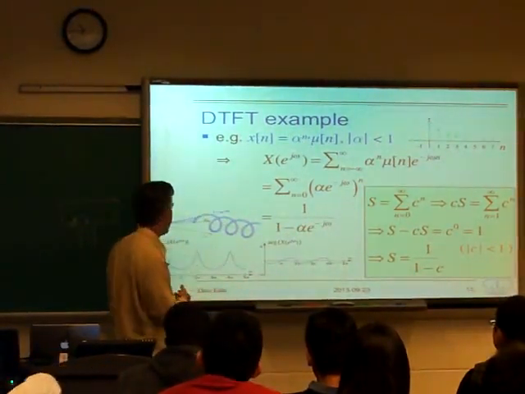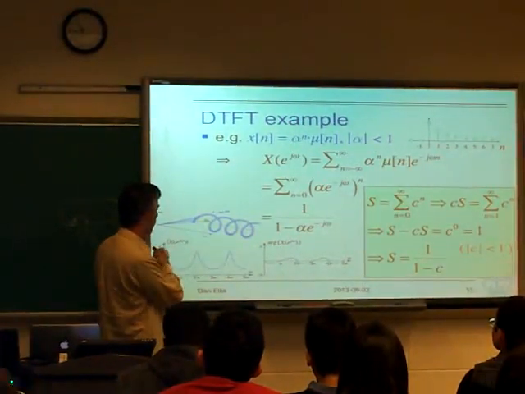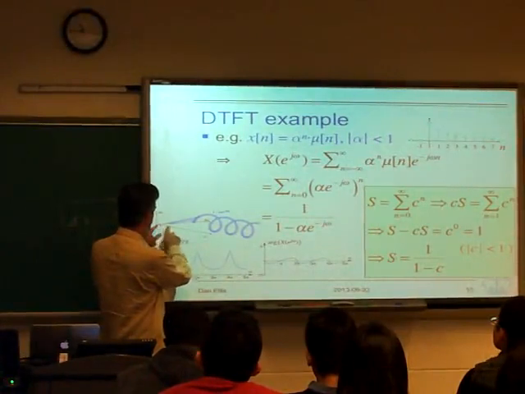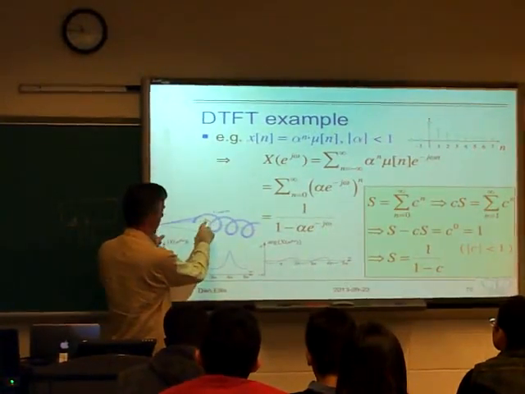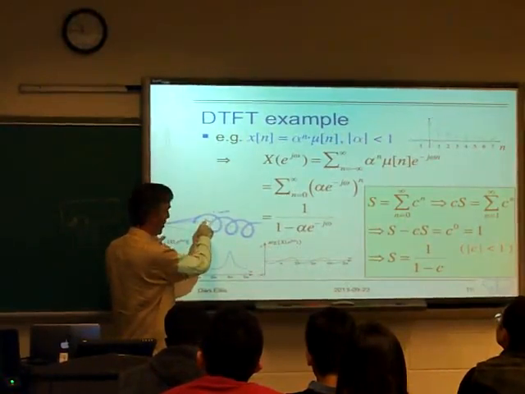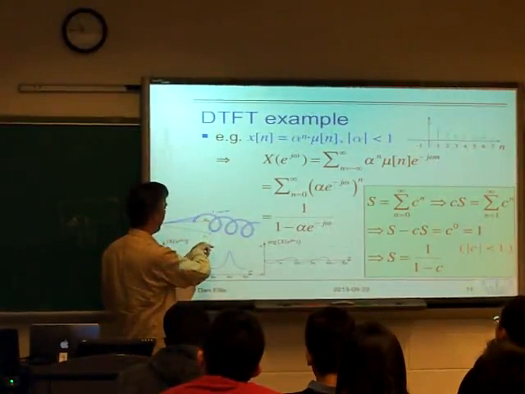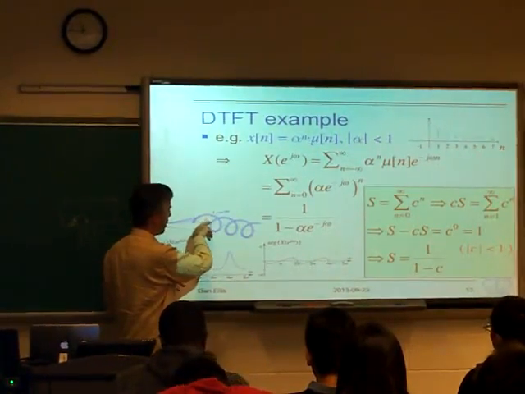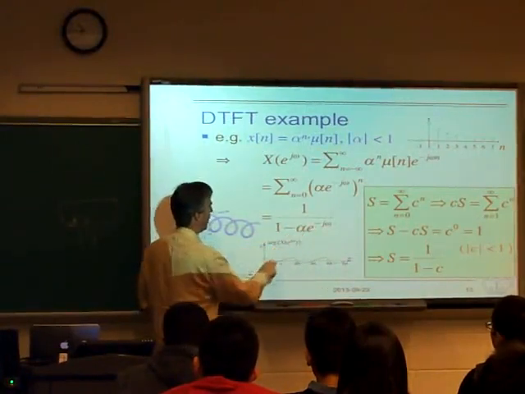So what's actually going on here? Well, here I'm trying to do the three-dimensional drawing of what's going on. This is n, the real part, the imaginary part. So 1 is here. It's like some point on the real axis. And if x of n were just 1, it would be this line here. But what we've got is 1 minus alpha e to the minus j omega.